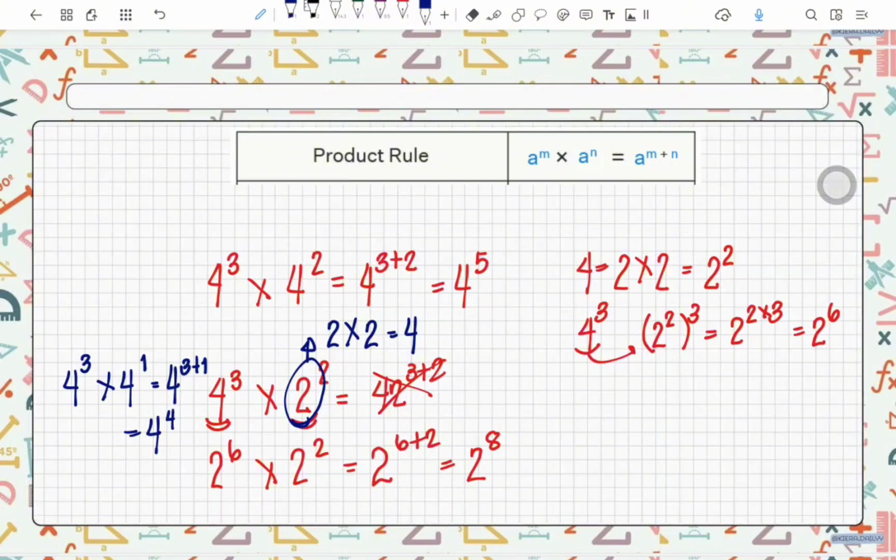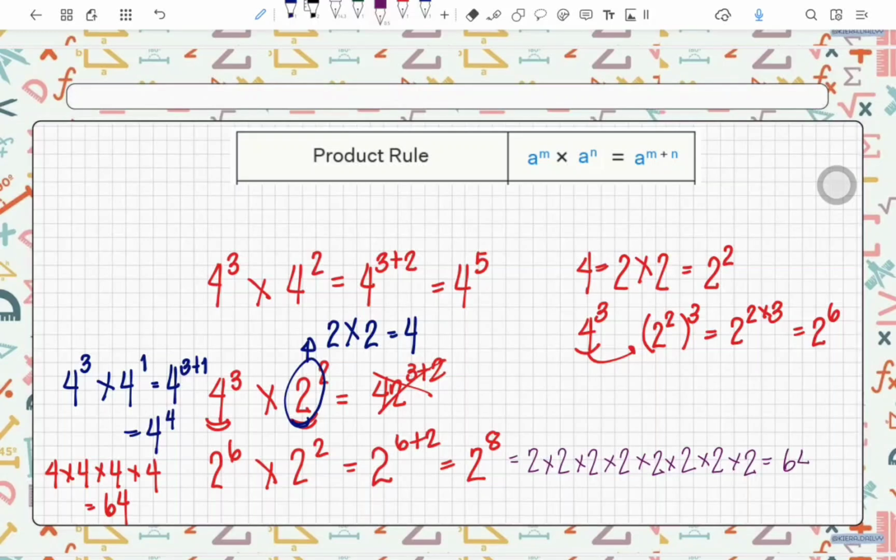If we check, this will become 4 times 4 times 4 times 4, which is equal to 64. Same here, 2 times 2 times 2 times 2 times 2 times 2 times 2 times 2, which is also equal to 64.